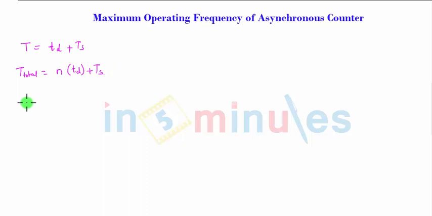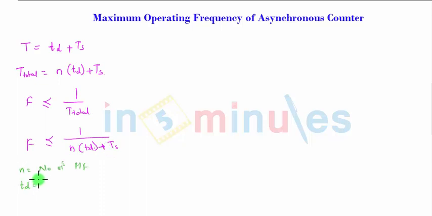So hence the maximum frequency, or the operating frequency, should be less than or equal to 1 upon T total. Hence F should be less than or equal to 1 upon n TD plus TS. Now here n is the number of flip-flops, TD is the propagation delay of each flip-flop, and TS is nothing but the width of the strobe pulse.